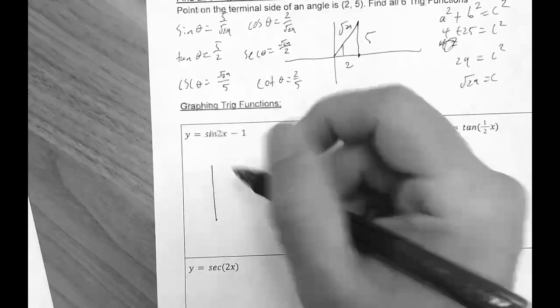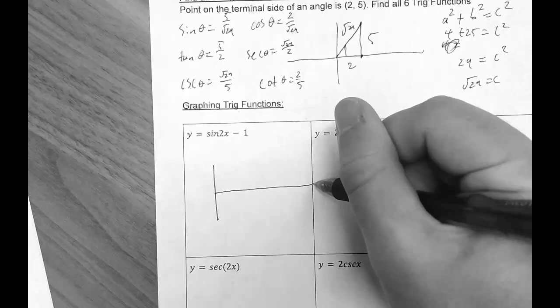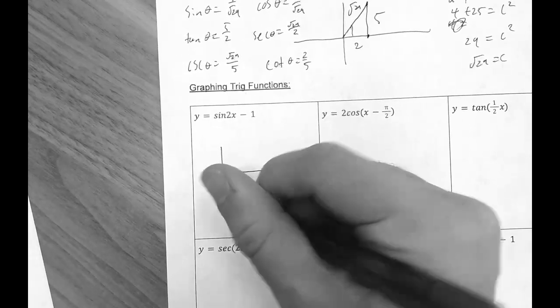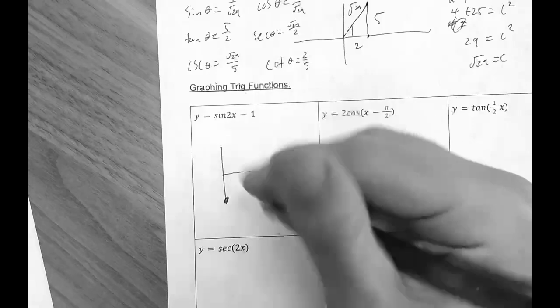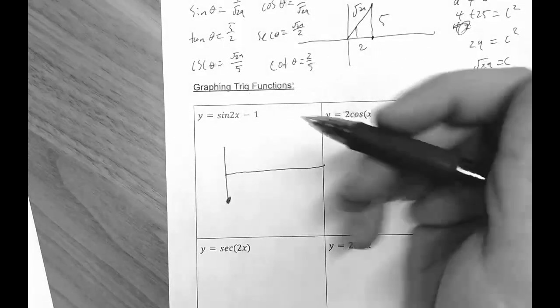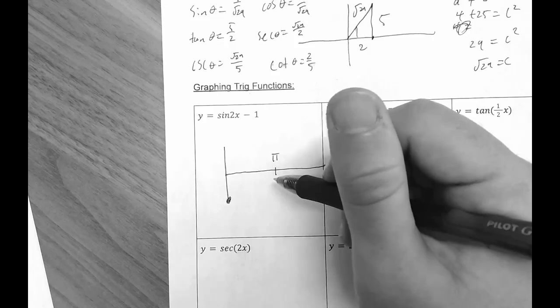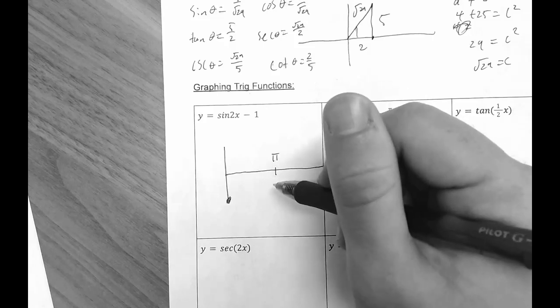So this first one, sine 2x minus 1, pretty straightforward. Sine normally starts at 0, but it's going to start at -1 because we got that minus 1. And the really only difference between sine 2x and sine x is that the period is now going to be pi instead of 2 pi.